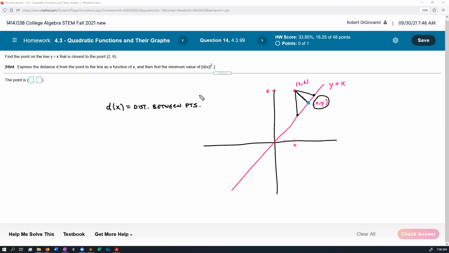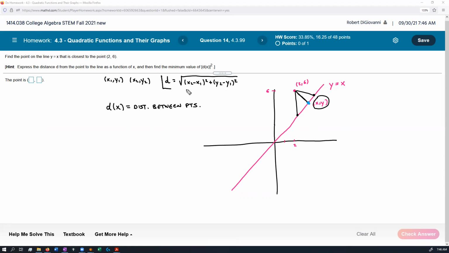Well, you have to know the distance formula. If you're given two points, (x1, y1) and another point (x2, y2), the distance between them is the square root of (x2 minus x1) squared plus (y2 minus y1) squared.